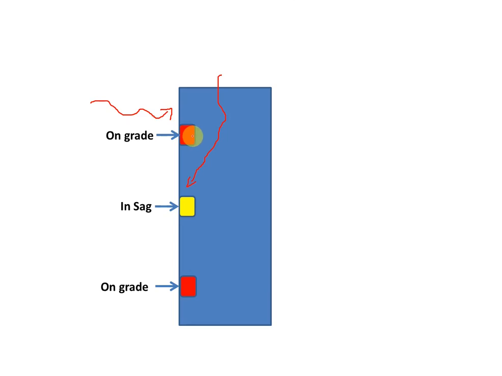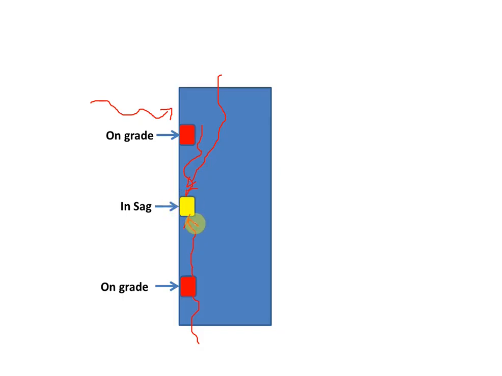Whatever runoff is not intercepted, the bypass runoff, finally goes into the sag inlet. The same happens on the other side. The road runoff and surrounding runoff captured by the on-grade inlets finally comes in and accumulates at this sag inlet.